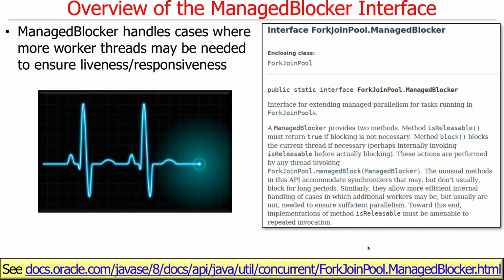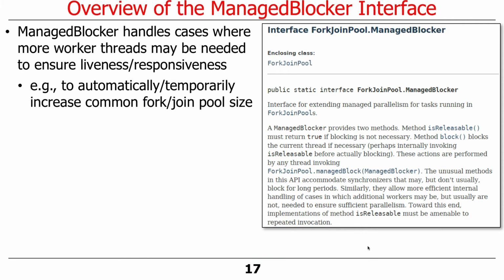The ManagedBlocker is useful when you have use cases where more worker threads are temporarily needed in order to ensure the liveness and responsiveness of your program. So, right, if you have bursty processing where you suddenly have a lot of work, but then it goes away, this is really good to be able to handle that kind of a scenario.